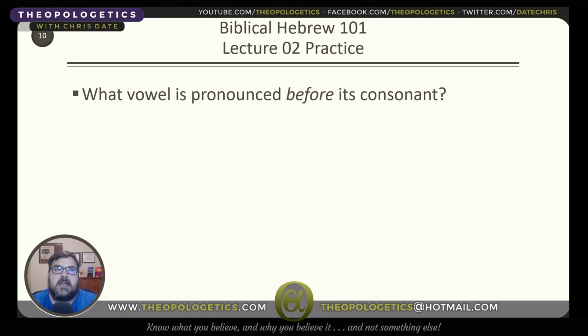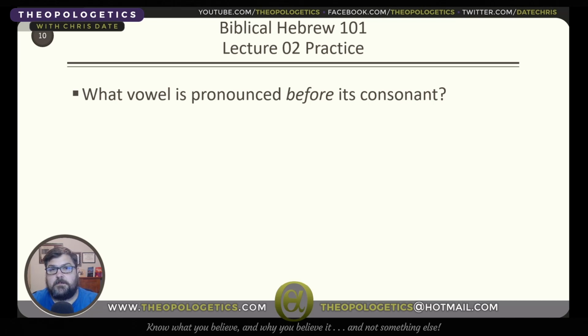Right, so if you have a bait with a hirek under it, the little single dot under it, the first sound is the b sound of the bait, and the second sound is the e sound made by the hirek. So b, e, b. That's the case with all the consonants, all the vowels, except one vowel is sometimes pronounced before its consonant. And this question is, what is that vowel called when it is pronounced before its consonant?